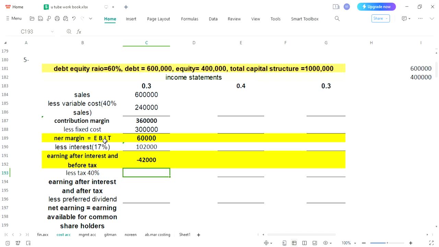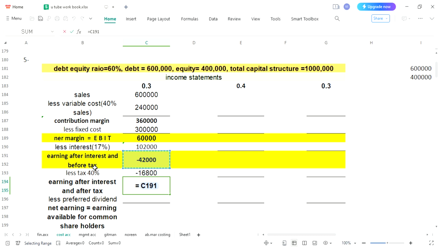So strangely you have changed your capital structure, with which your earning, instead of being profit, is now a loss. So here you will apply your tax rate, which is 40%. If your earning before tax is minus 42,000, you will apply the 40% tax rate. After calculation of tax, you can now calculate your earning after tax by subtracting tax from the previous earning.